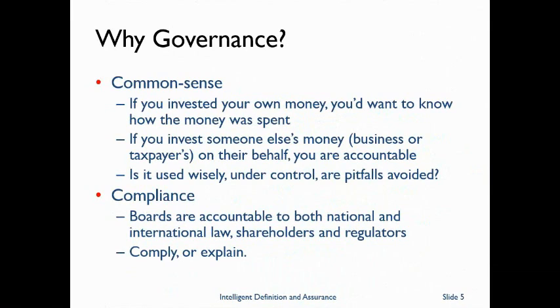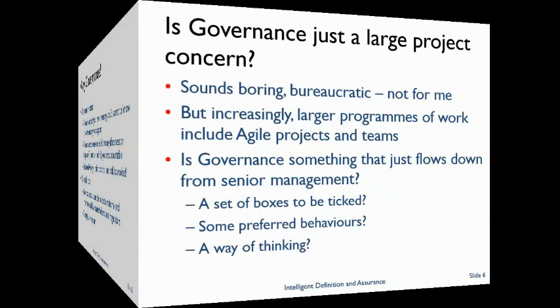In many industries, banking is the most obvious one that I'll mention in a moment, but regulators set the rules by which organizations must play. And the issue with compliance is there's this notion of comply or explain, and by that is either you follow the rules, you comply with the rules, or you explain why you are not complying. And usually it's easier to comply, but there are cases where you have to explain your way out of these things. So comply or explain is a familiar term for people in this context.